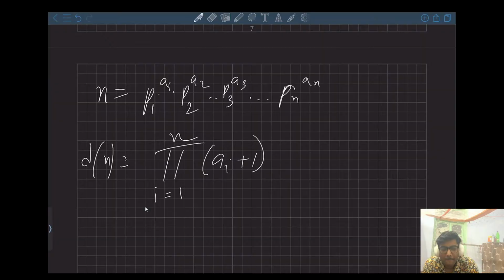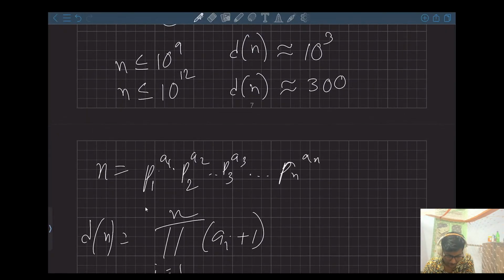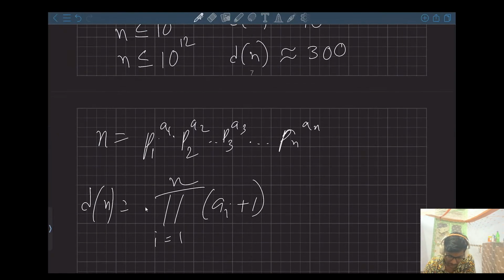And here you can maybe calculate what is the value for this. Like, you can maybe try order of n to the power 1 by 4, order of n to the power 1 by 3.